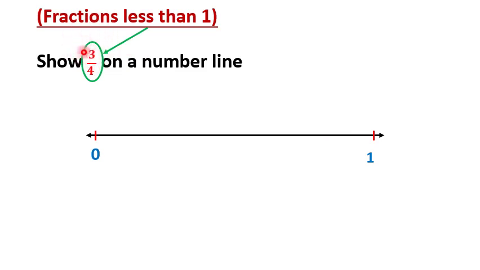Very good. So this is my first part, second part, third part, and the fourth part is already given. So now my number line is divided into four equal parts. Why four equal parts? Because my denominator is 4.